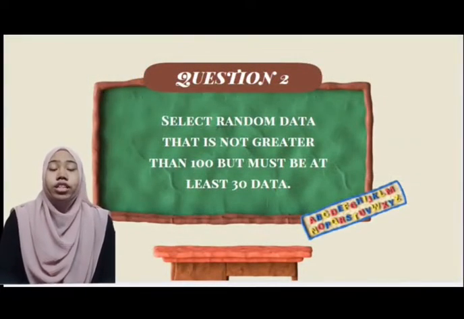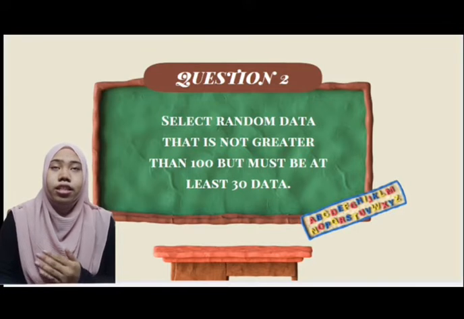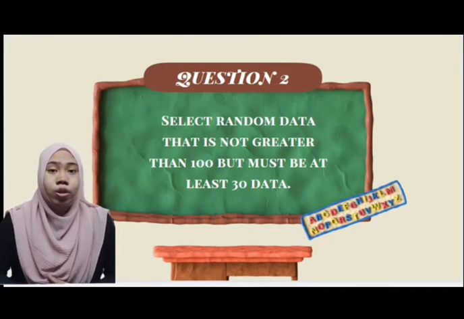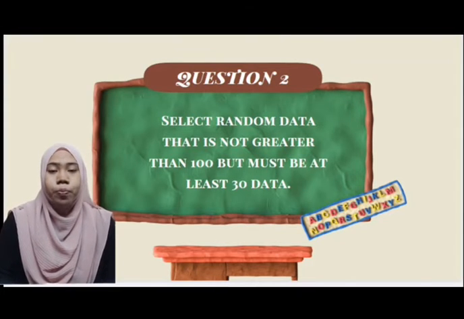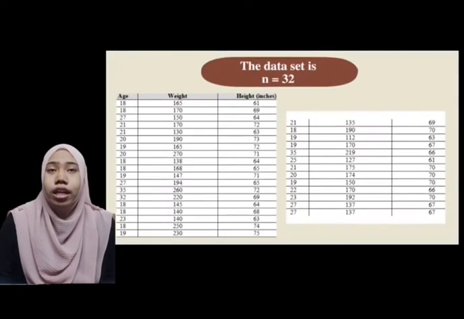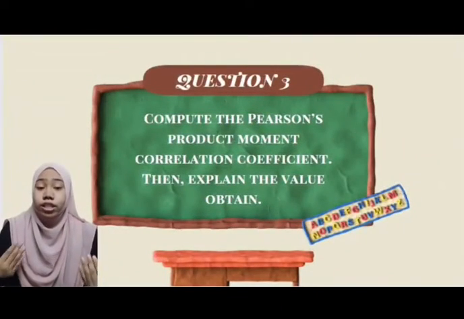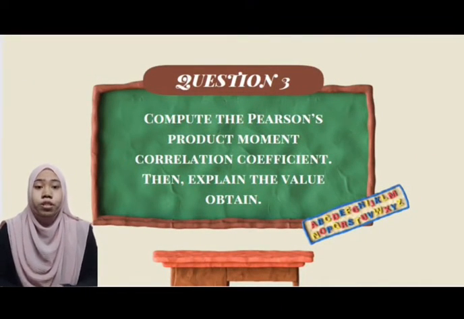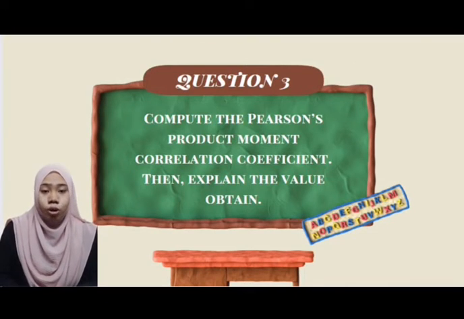For the next question, select a random data set that is not greater than 100 but must be at least 30 data. So here is the data that has 32 data. The third question is: compute the Pearson product moment correlation coefficient, then explain the value obtained.